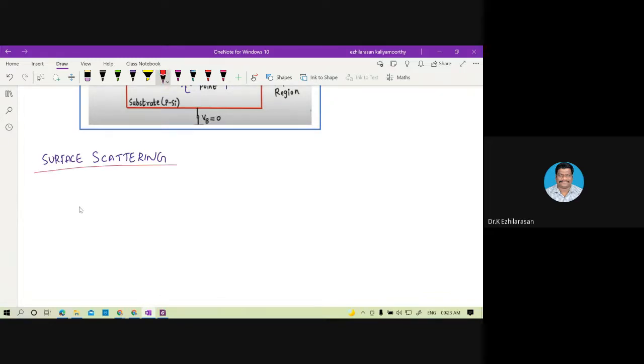Okay, now surface scattering. So let us see the figure. I need to show the figure for surface scattering. Let me take the figure first.